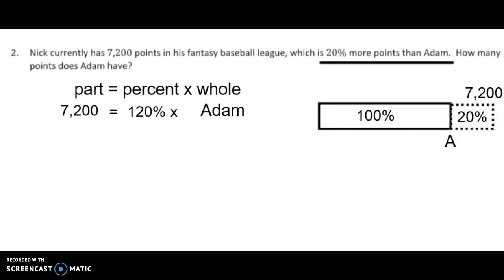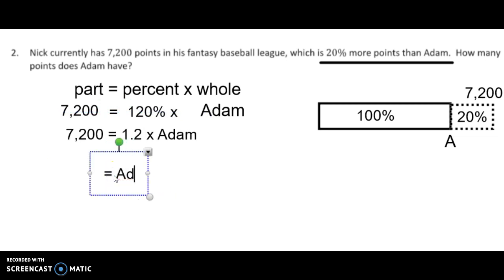So the percent that I really care about is 120. So 7,200 is equal to 1.2 times Adam's score. And that should be enough information for you to tell me how many points Adam has.